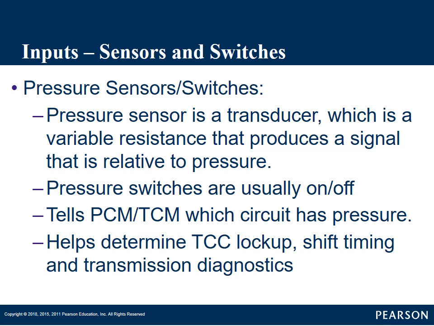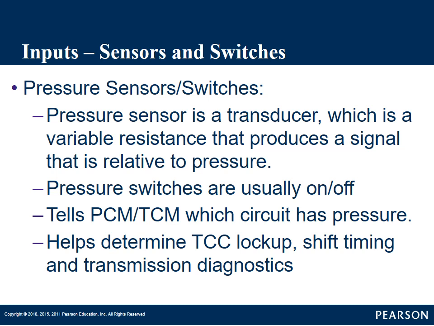Pressure sensors or switches. A pressure sensor is a transducer, which is a variable resistance that produces a signal relative to pressure. In other words, as pressure increases, resistance is going to change. As pressure decreases, resistance is going to change, not necessarily in that order. These pressure sensors can be either way.